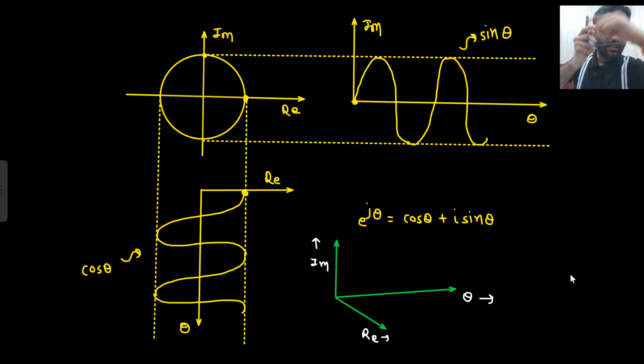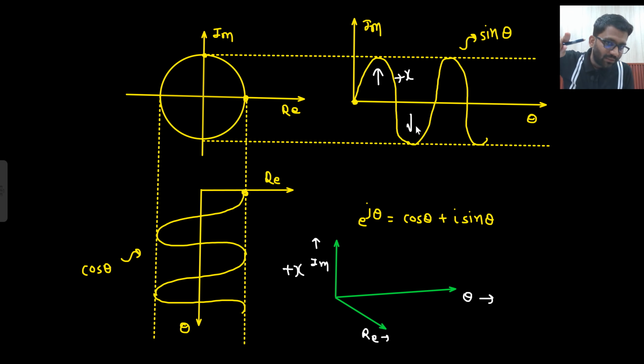This graph will run along theta, but its amplitude will swing around the imaginary axis. What do I mean by that? Let's say if I call this direction plus x, then this part is on plus x and this part is on minus x.